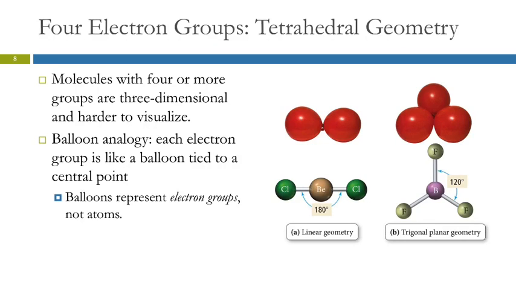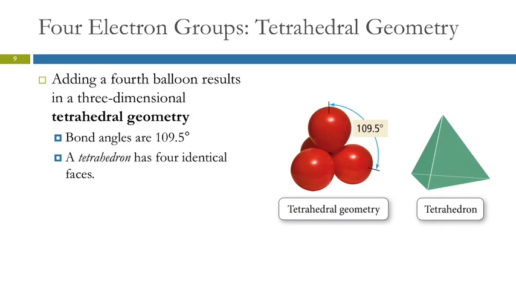Okay, so what happens here is I added this balloon, and it pushes these guys down a little bit. Can you see that? So it's symmetrical. It's a really weird shape, isn't it? It's not something we run into much in everyday life. It's called a tetrahedron.